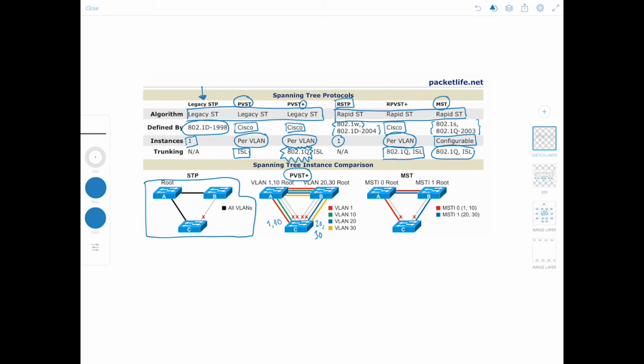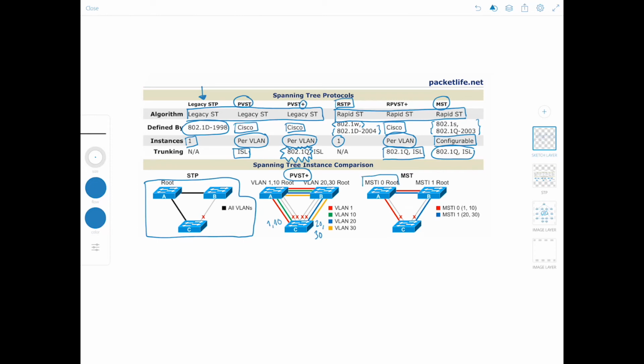You can also do that with MST because you can configure those instances and make one switch the root switch for a certain instance and another switch the root switch for another instance, which is essentially what they've done here. So switch A is the root switch for instance 0, and switch B is the root switch for instance 1.